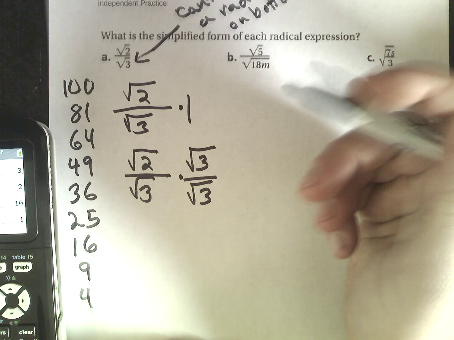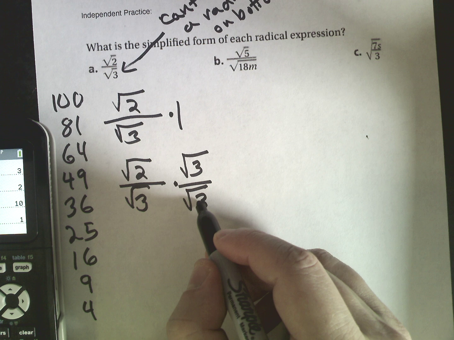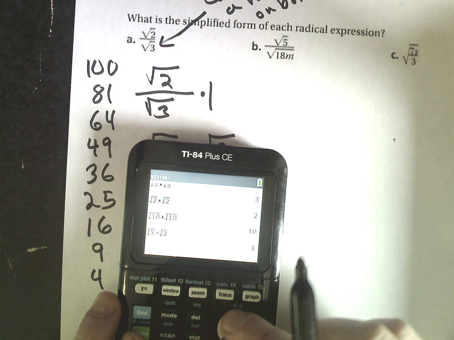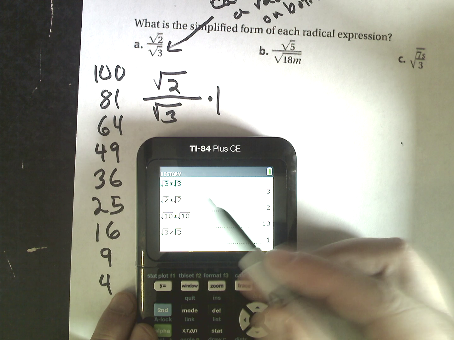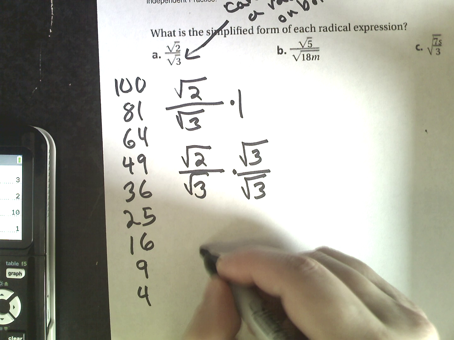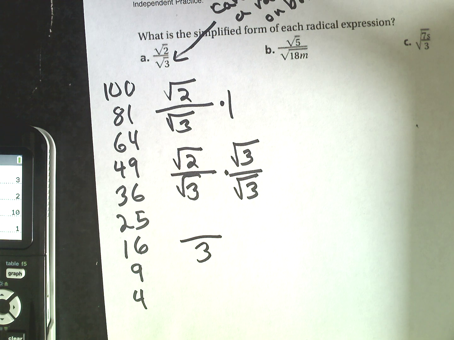I'm writing 1 in a really funny way, but it's going to work. Square root of 3 times square root of 3, we already established that. Square root of 3 times the square root of 3 is just 3. So as I'm multiplying here, the bottom number is just 3. There solves our problem. We no longer have a radical on the bottom.